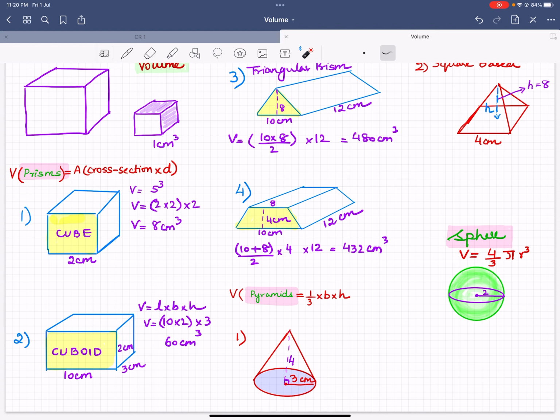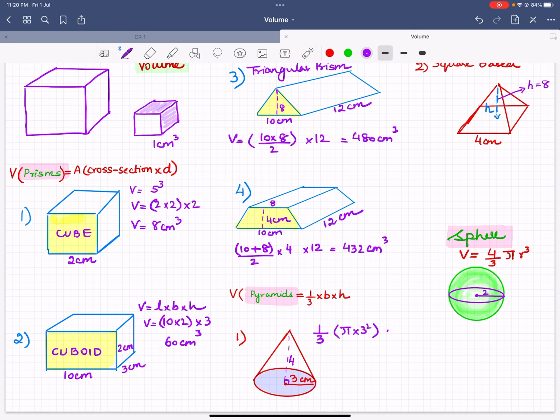The general formula for volume of a pyramid is 1/3 of base area multiplied by the height. So now the base area is a circle having radius 3 centimeters. So let's find 1/3 of the base area. So 1/3 of the area of circle with radius 3 is pi into 3 squared. That gives us 1/3 into area of the circle, which is the base.